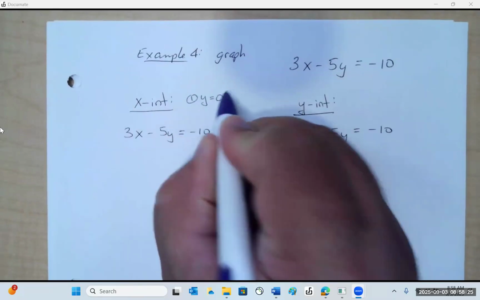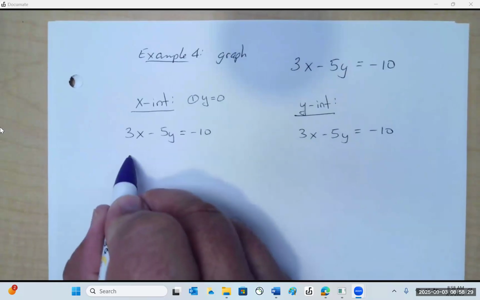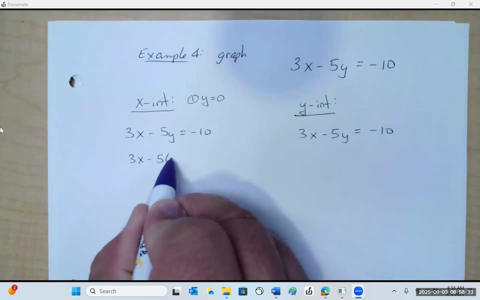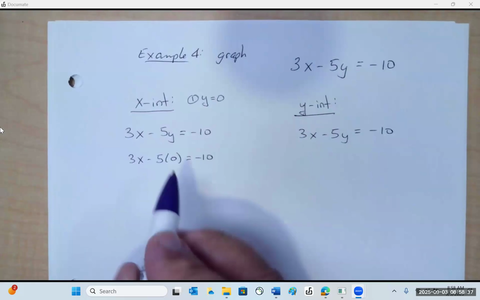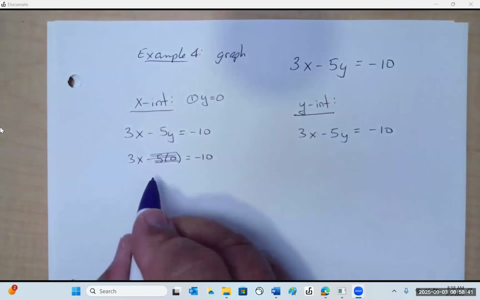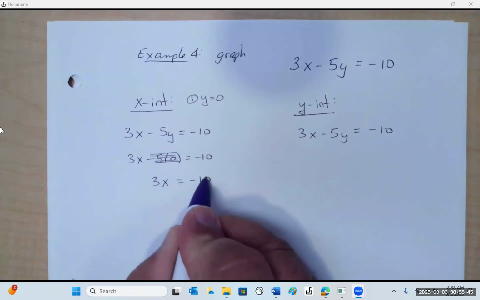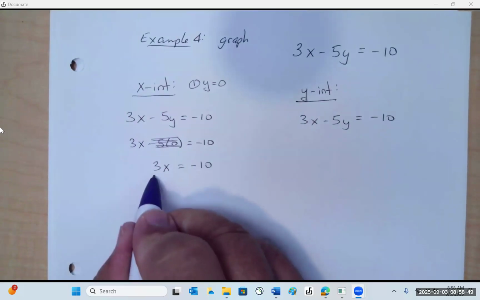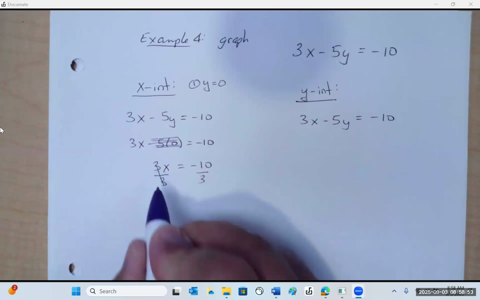Set y equal to 0. So that disappears. So we have 3x equals -10. And then divide both sides by 3.